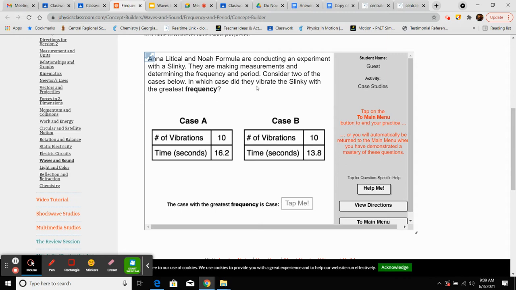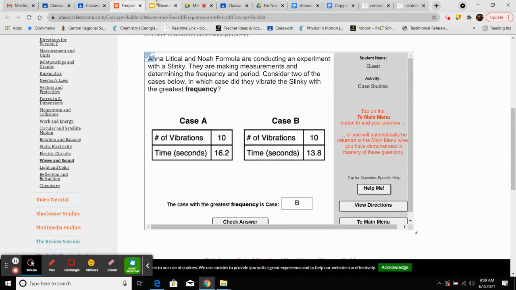Okay, frequency. How do we find frequency? Frequency is the number of vibrations per time. For the first one, 10 divided by 16.2 is 0.61 and change. Then 10 divided by 13.8 is 0.72. So case B has a greater frequency.